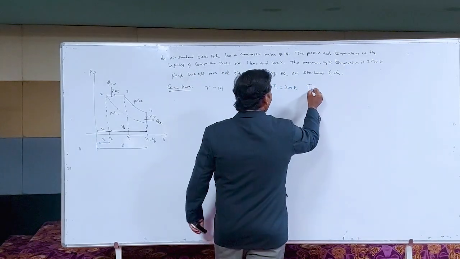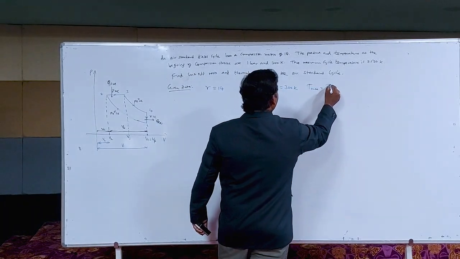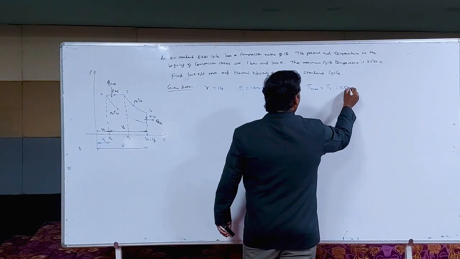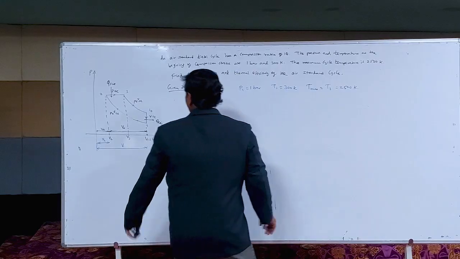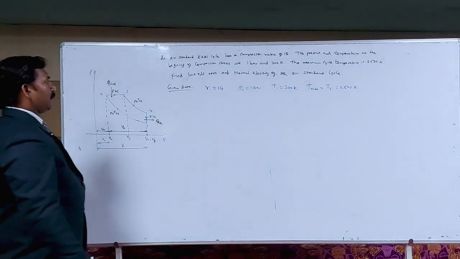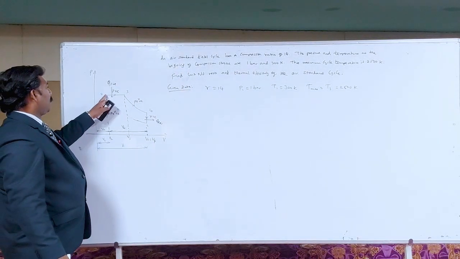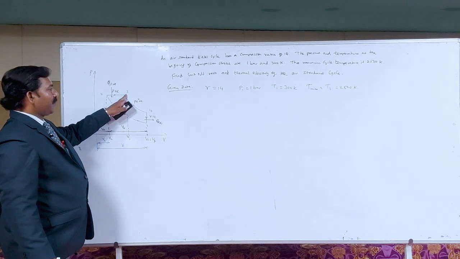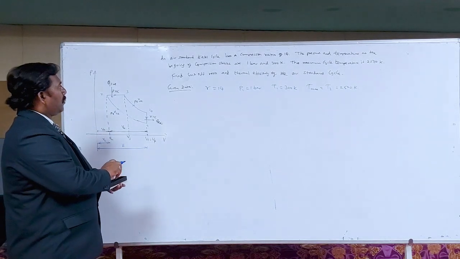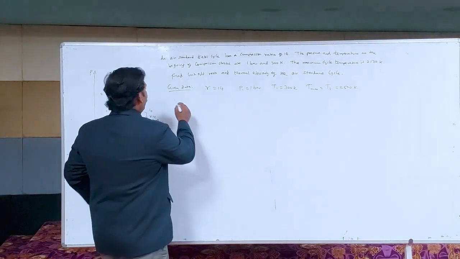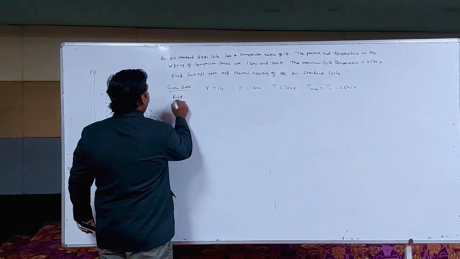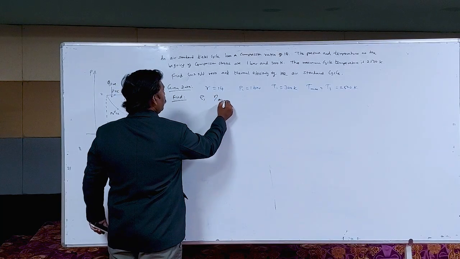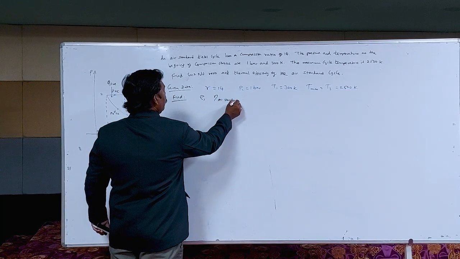The maximum cycle temperature T max is equal to T3, because in process 2 to 3 only the heat is supplied, therefore the third state will have the maximum cycle temperature. Then find cutoff ratio and efficiency of air standard cycle.